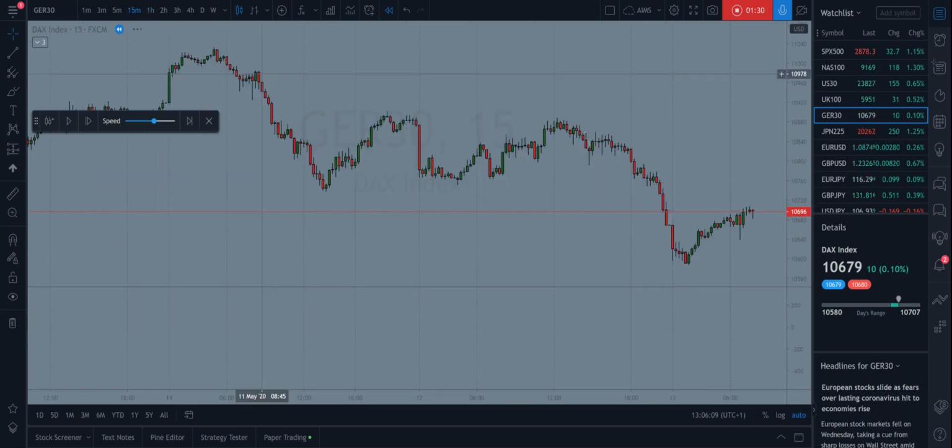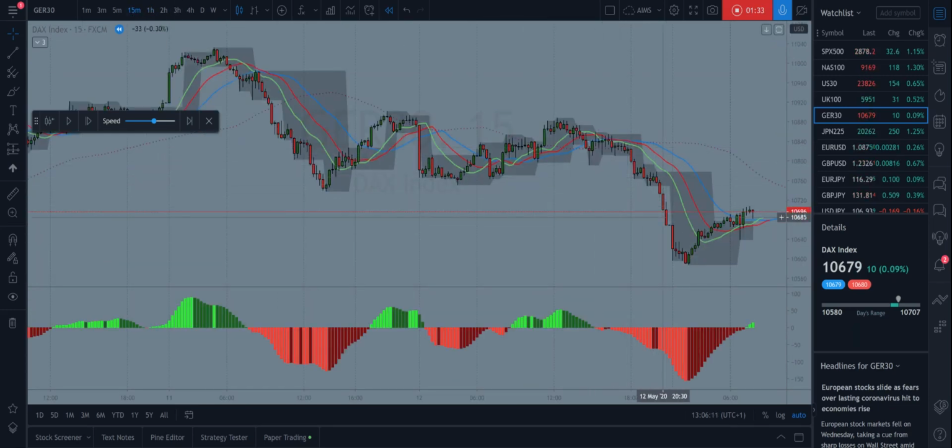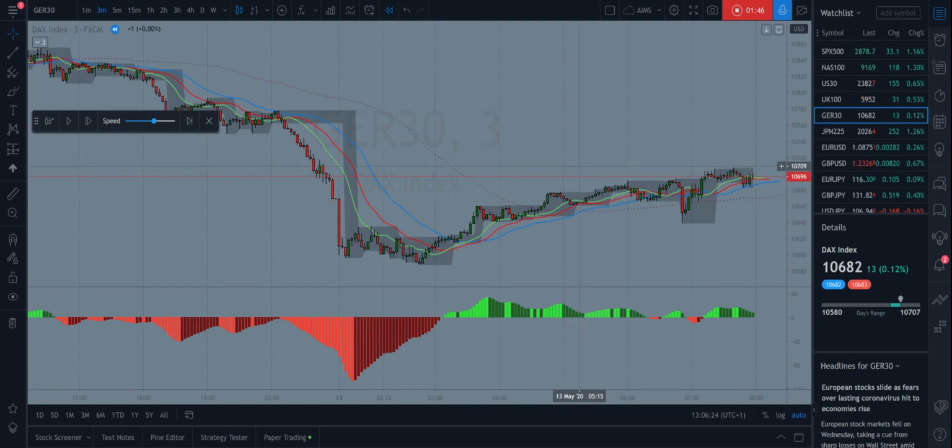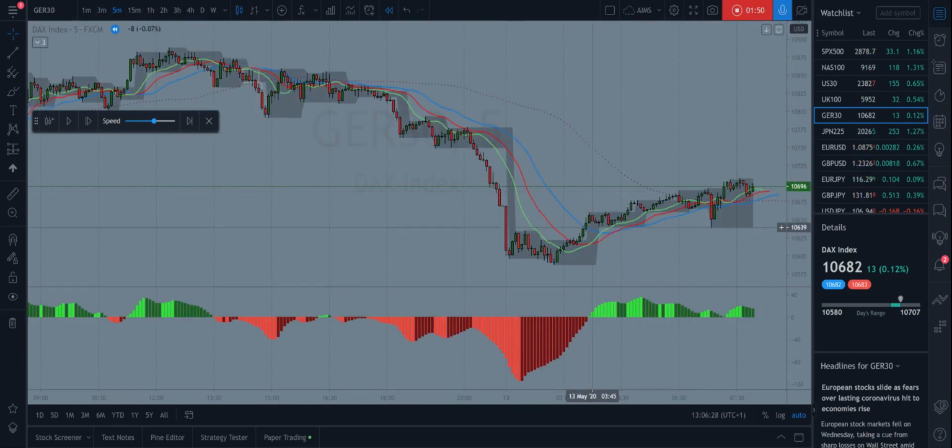So if you go to the M15 chart, again, we have a beautiful setup going on. When I look at the M15 chart here, I don't think I'll be looking for longs, but because it's London Open, it can go anyway. What I did is, let's go to the 3-minute chart, the 5-minute chart. I looked at this and I thought, okay, that's 3, that's 4.